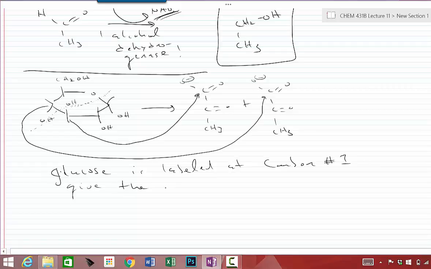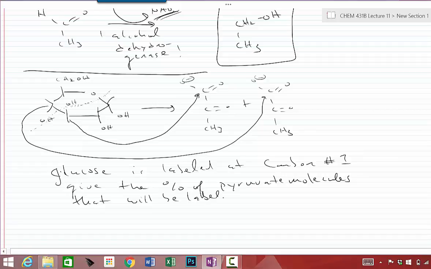Give the percentage of pyruvate molecules that will be labeled and the location in pyruvate where the label will be.